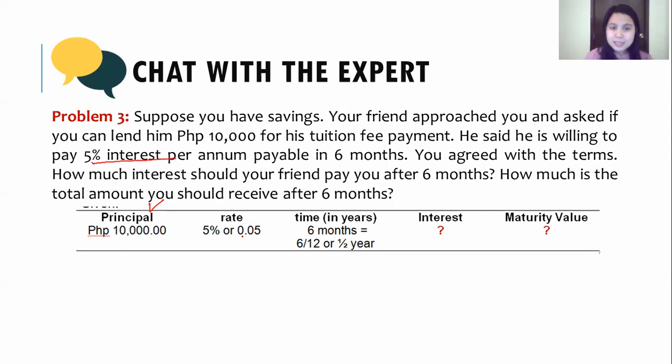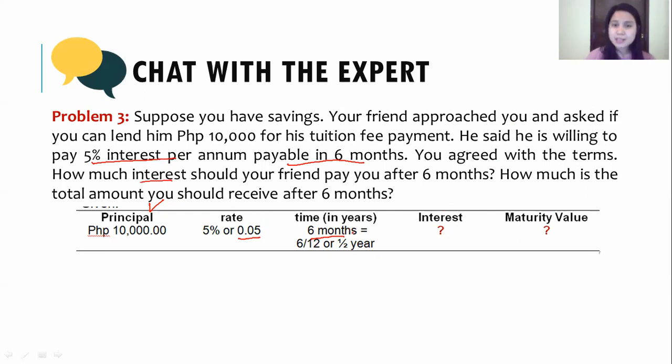So it means 0.05. Payable in 6 months. So only 6 months. You agreed with the terms. How much interest should your friend pay you after 6 months? And how much is the total amount that you will receive after 6 months? You're looking for the interest and the maturity value.